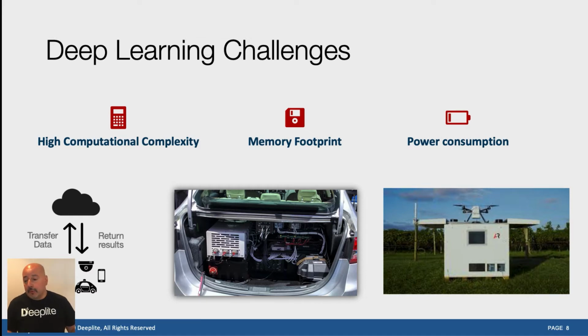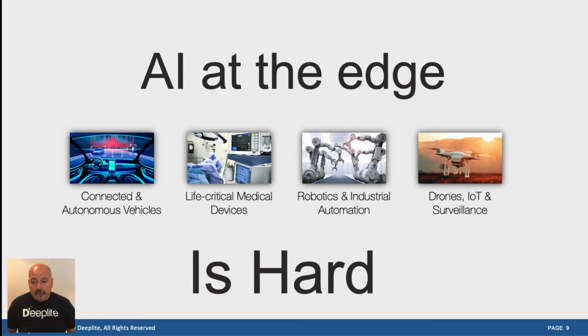You can bring this computer power closer to the edge, but it's big, it's heavy, it's expensive. The computers that have the sufficient power are very difficult to embed in smaller devices. So if the cloud is too slow and you can't put a heavy processor on a drone because it can't fly, and you need to preserve battery life, these are all challenges. AI at the edge is hard.